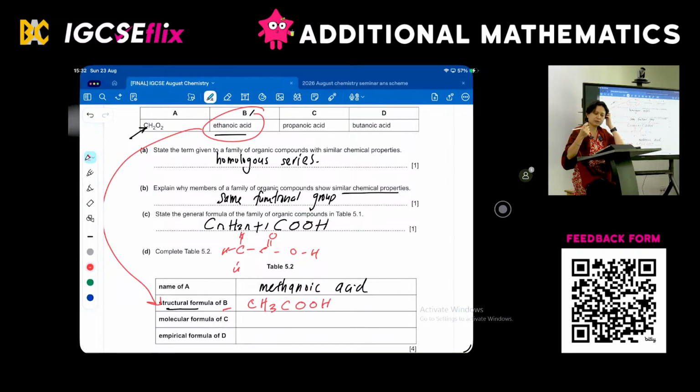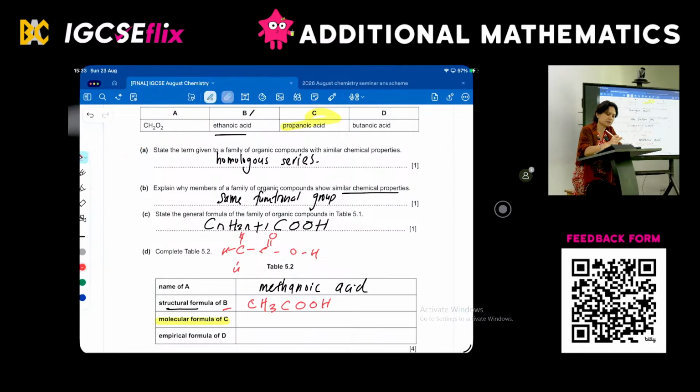Okay. Now, molecular formula at C. Molecular formula, okay, we all learn the CnH2n+1, right? So, methanoic acid would be HCOOH. Ethanoic acid would be CH3COOH. Propanoic acid will be C2H5COOH. Butanoic acid will be C3H7COOH.